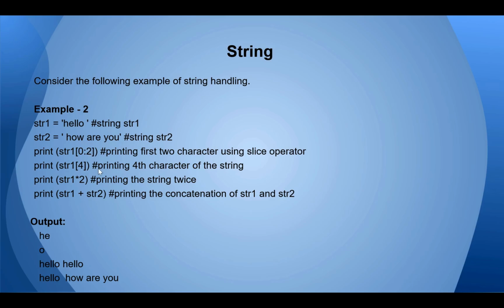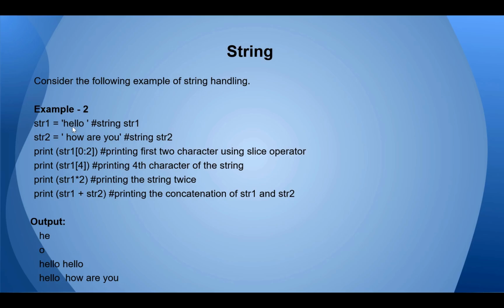So always in the slicing operator, whatever you write, the ending number is not included. Similarly, if you have to print the fourth character of the string, that means 1, 2, 3, 4, this second L. And what is its index number? The index number is 0, 1, 2, and 3.